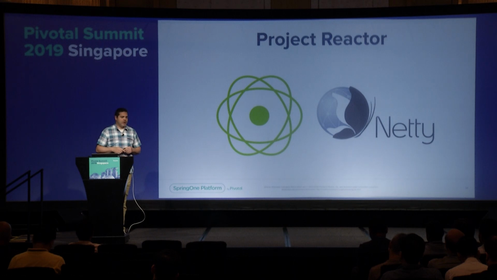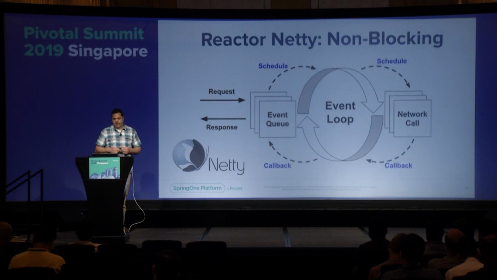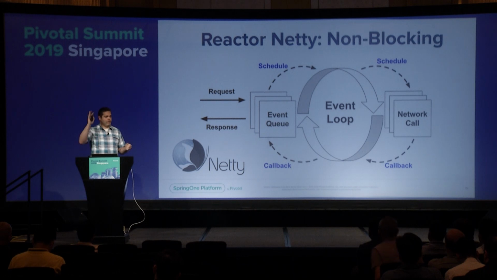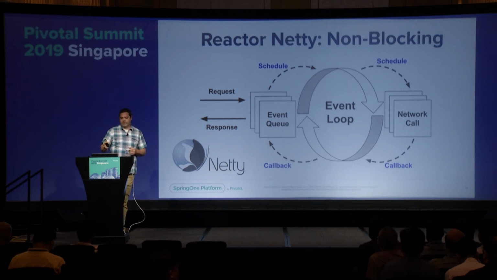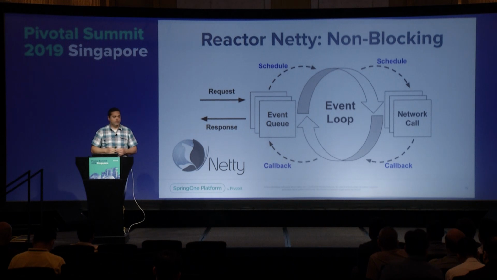And it provides a foundation for non-blocking workloads, okay? So this is effectively an event loop architecture, okay? So any Node.js fans out there, okay, a number of you, you've been doing this for a long time, right? So this brings this style of application to Spring applications.